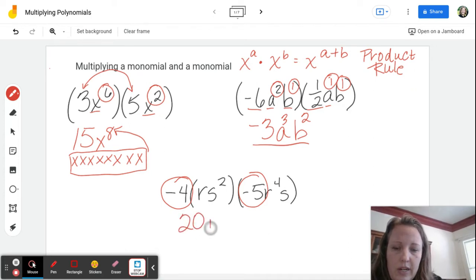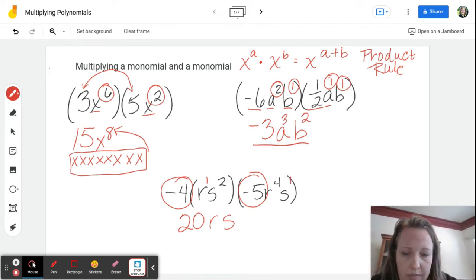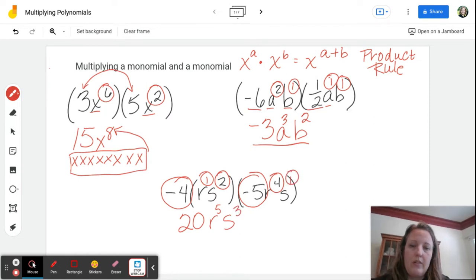Then let's write our bases. We have r and we have s. This r is to the first power, and this s is to the first power. If you want to put those in, it's helpful. So r to the 1 plus 4 is 5, and s to the 2 plus 1 is 3. Okay, easy peasy.